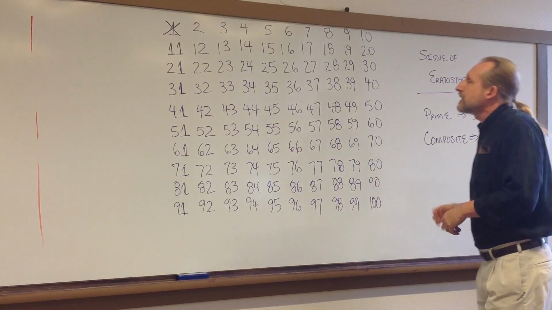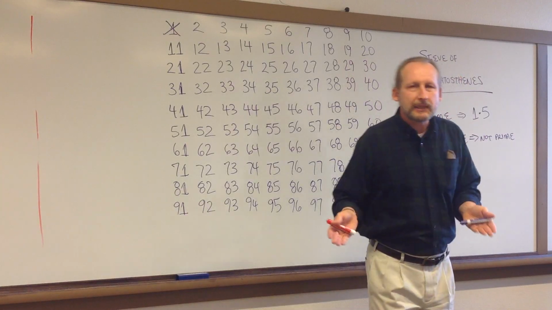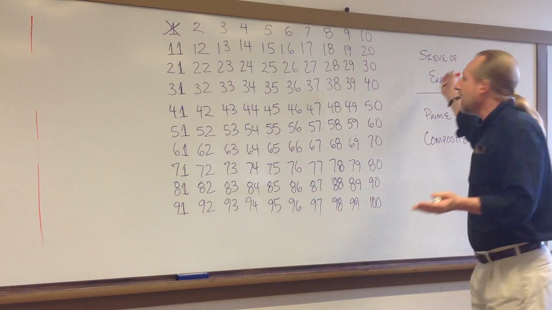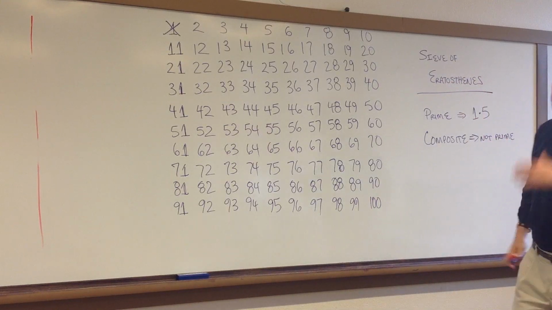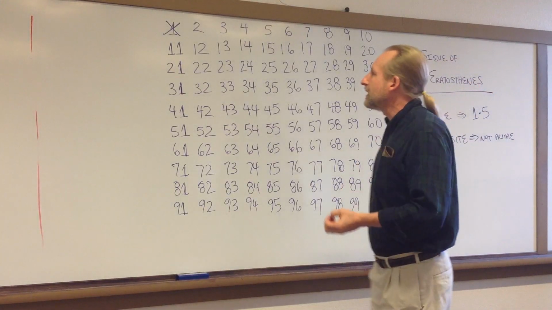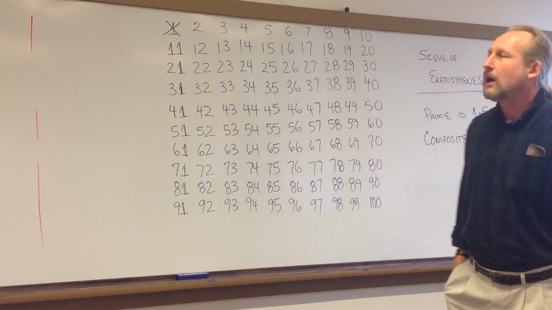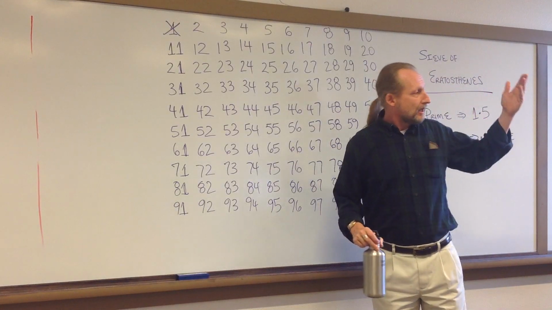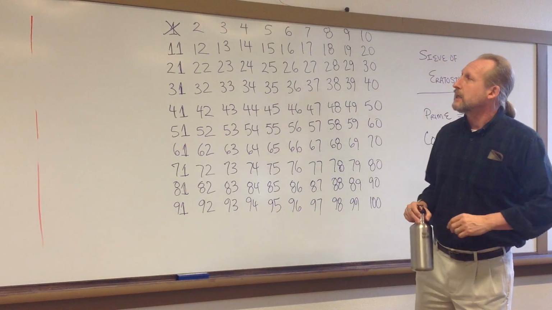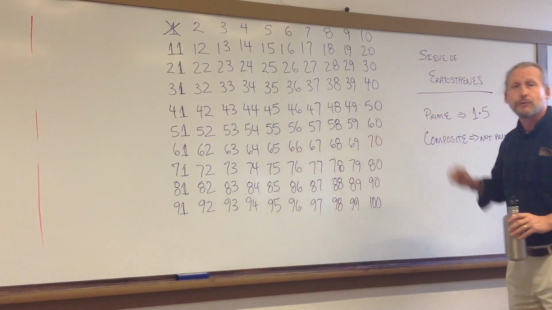One of the really interesting things about these ideas about primes and composites is that they go back thousands of years to the Greek mathematicians, but also they're incredibly important today in computer security. Most cryptographic systems that run on computers and on the internet are based on ideas having to do with prime numbers.